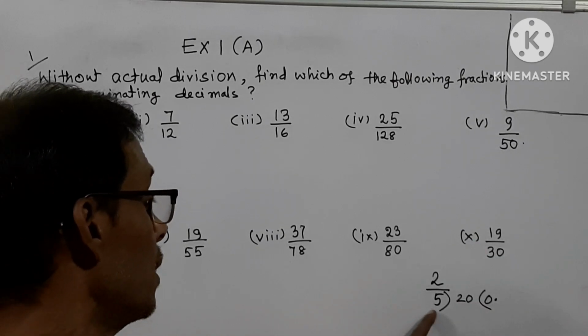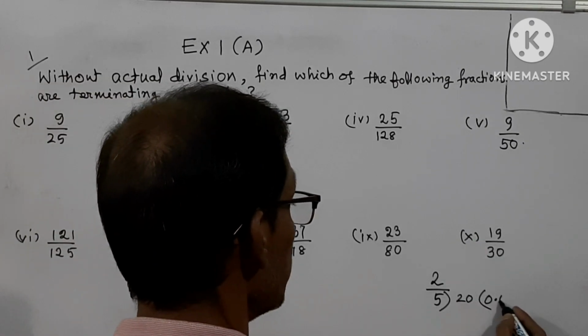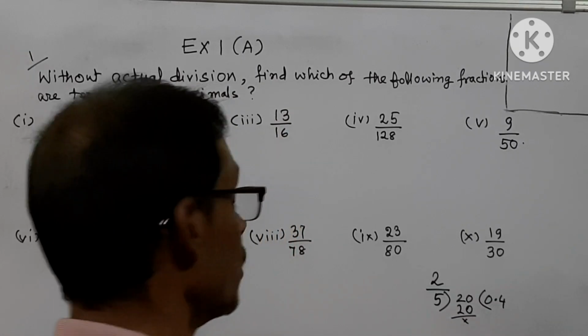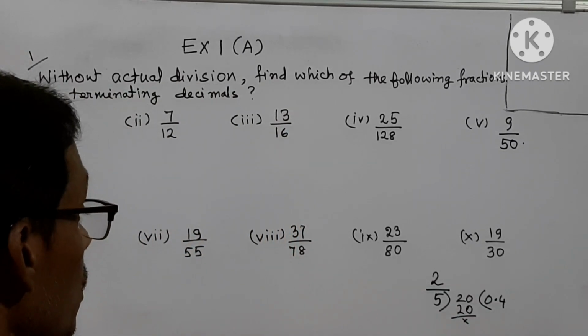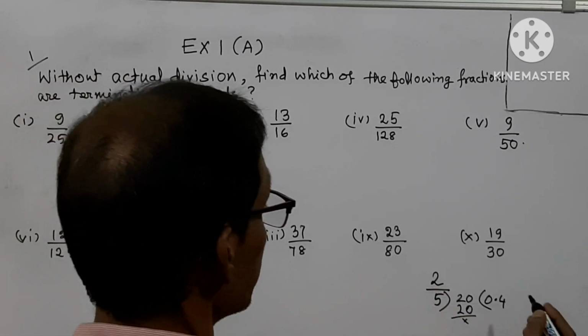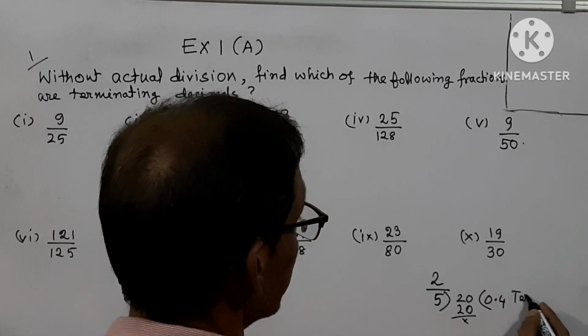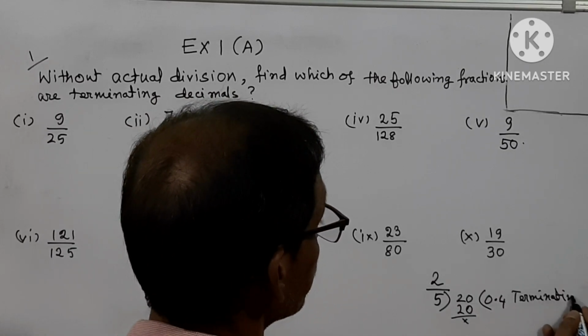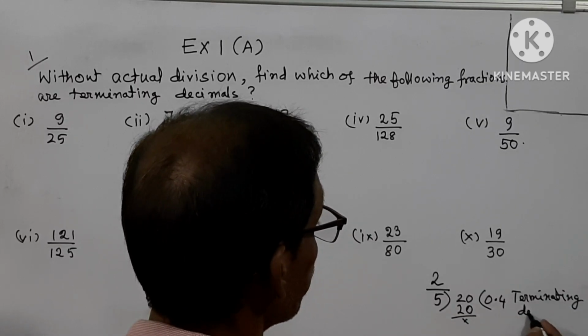So 5 4s are 20 and the remainder is 0. There is no remainder. So 2 by 5 is a terminating decimal number. This is called a terminating decimal.